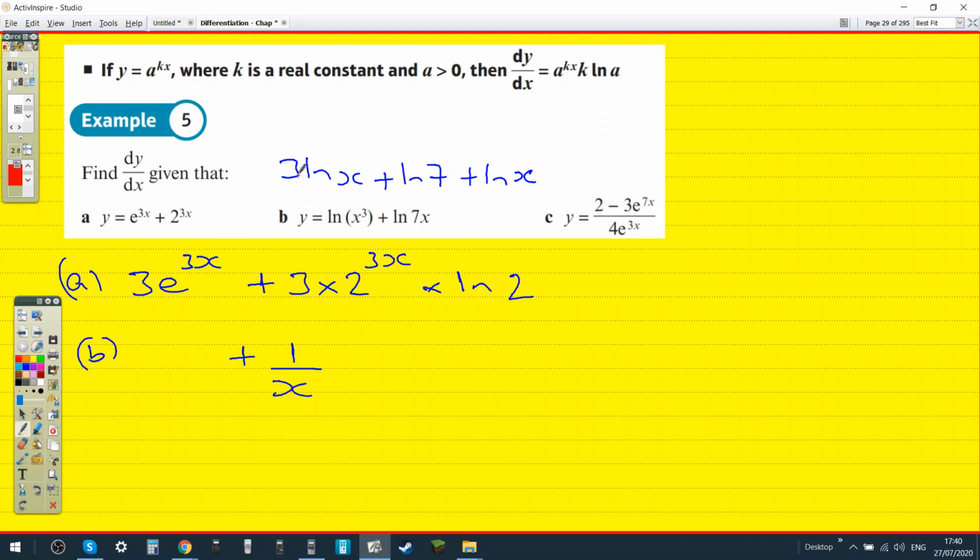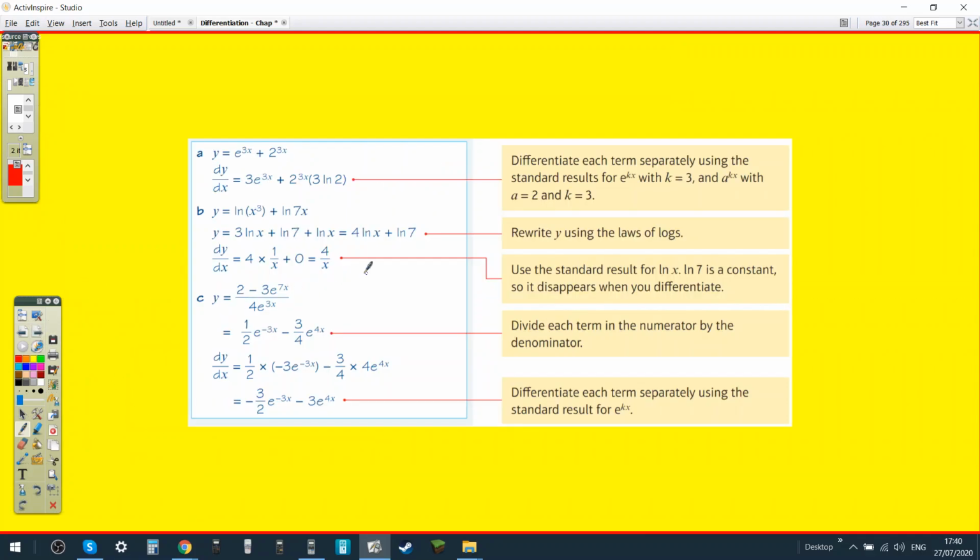Any idea what derivative of 3 ln x is? No. That will be 3 times 1 over x. Okay. That's what I said at first. So what do you get there? 4 over x. And I think that's what they got. Yeah.